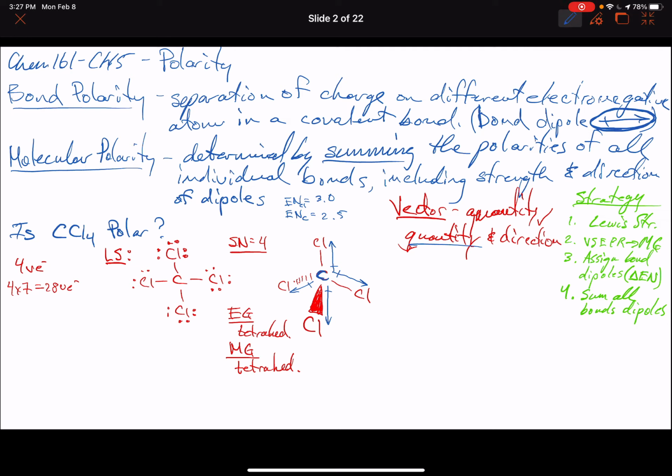Imagine, if you will, that each chlorine is pulling, like with force, on the carbon equally, but they are pulling with such an angle from one another that is matched in all 4 directions around the 3D space of this central carbon.